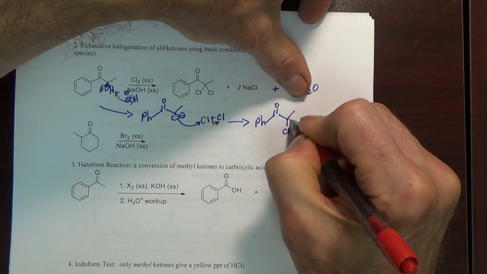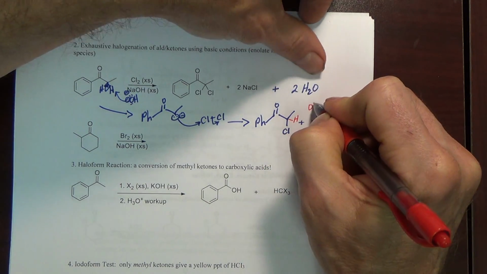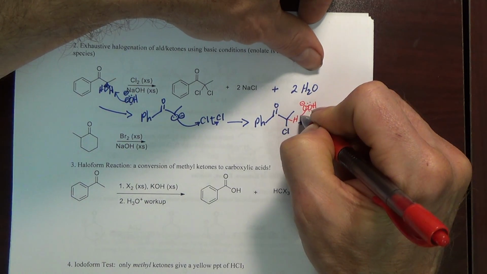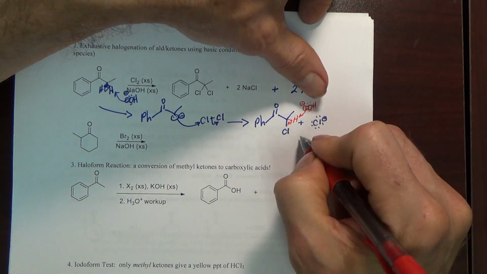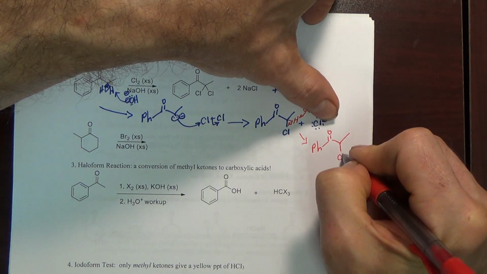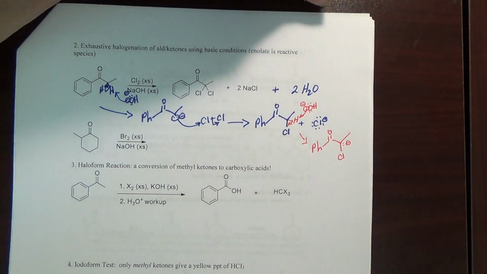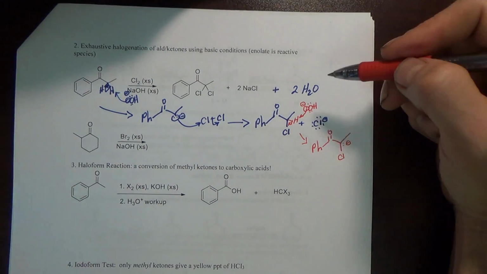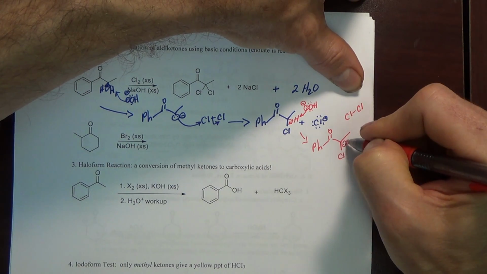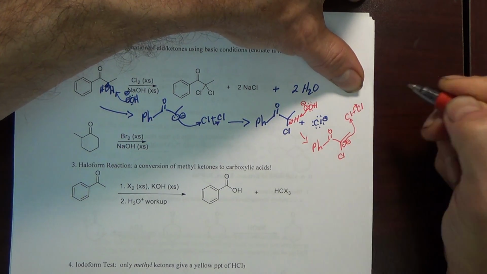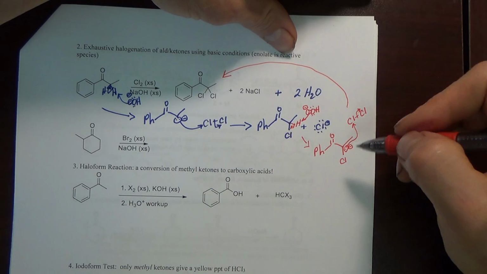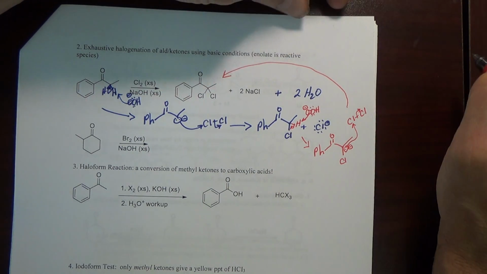We have another CH here, and the hydroxide can take this H, leave electrons behind, we make another water, and then this can react with another equivalent of chlorine, and that's going to give the product shown, and we're also going to get another sodium chloride.